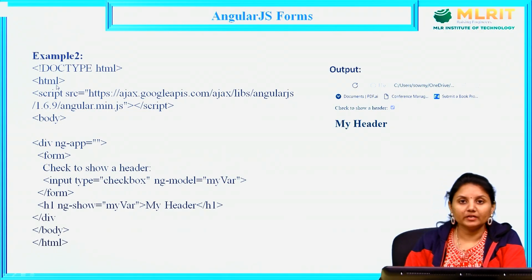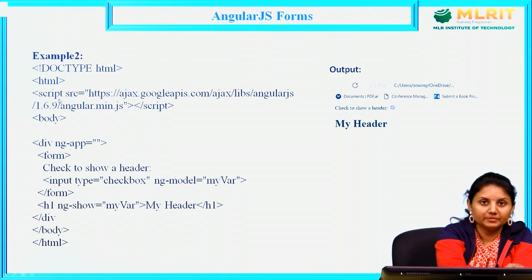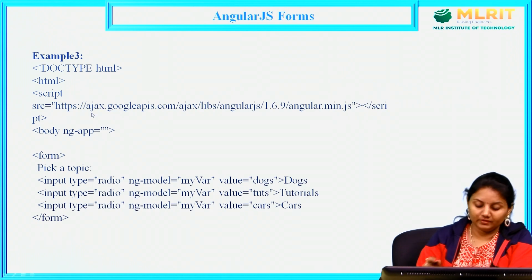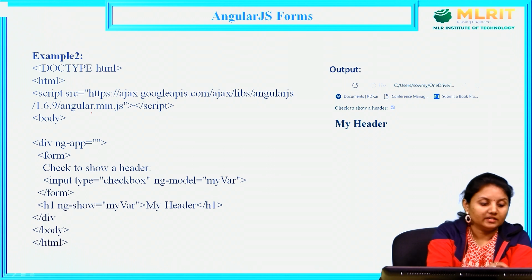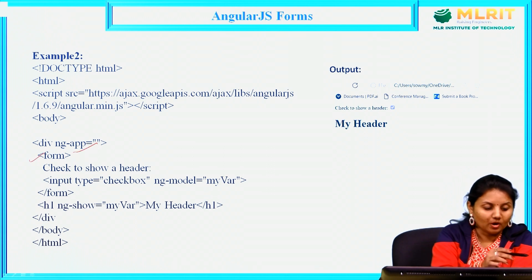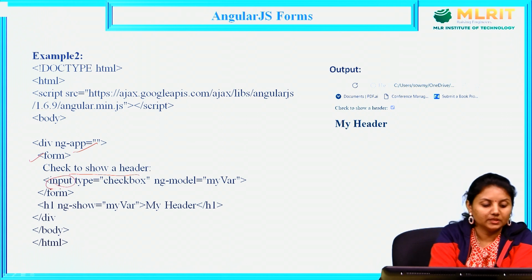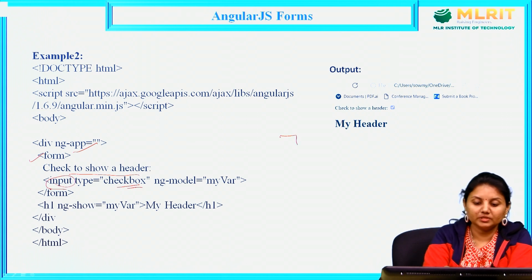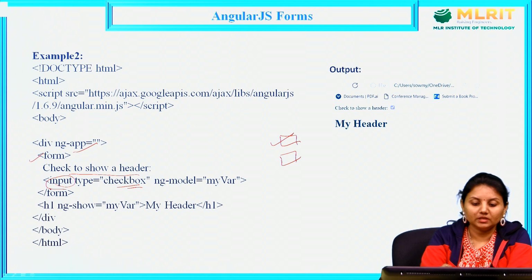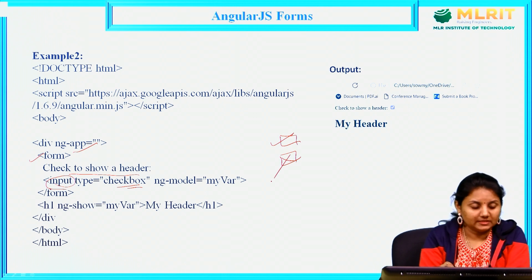Here we are giving the HTML with the script tag. The script part we have given here. Then ng-app, then a form, check to show a header. Input type equals checkbox. Checkbox means whether you are checking or unchecking, selecting or unselecting.